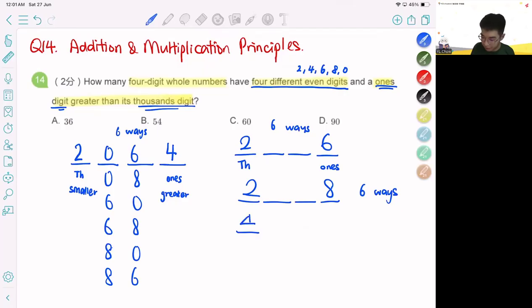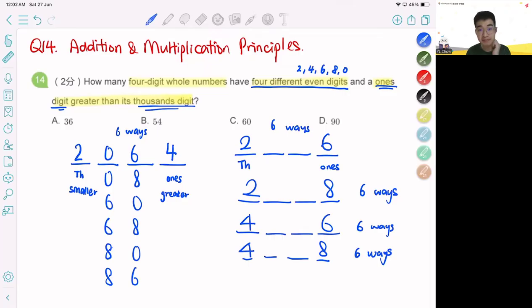It could be 4: 4 something something 6, since ones has to be greater, and 4 something something 8. Each of them will contribute another 6 ways. These 6 ways come from the arrangement of the middle digits. And then if you choose 6 as your thousands, you can do 6 something something 8, since the ones digit has to be greater. That gives me 6 ways.